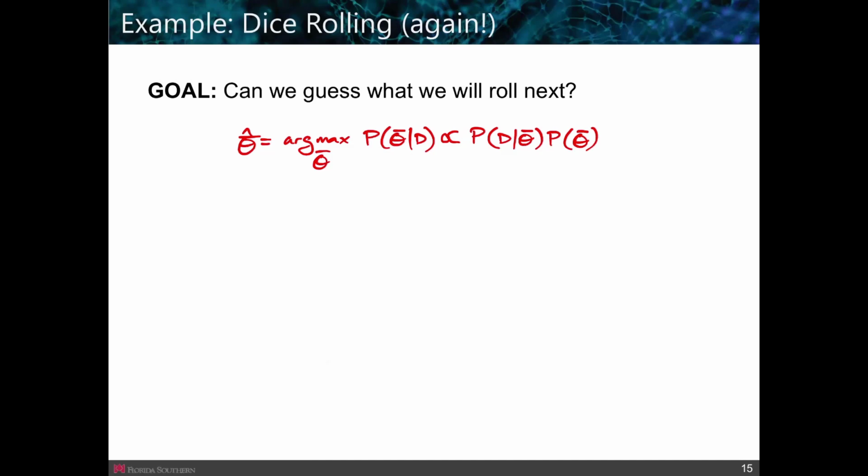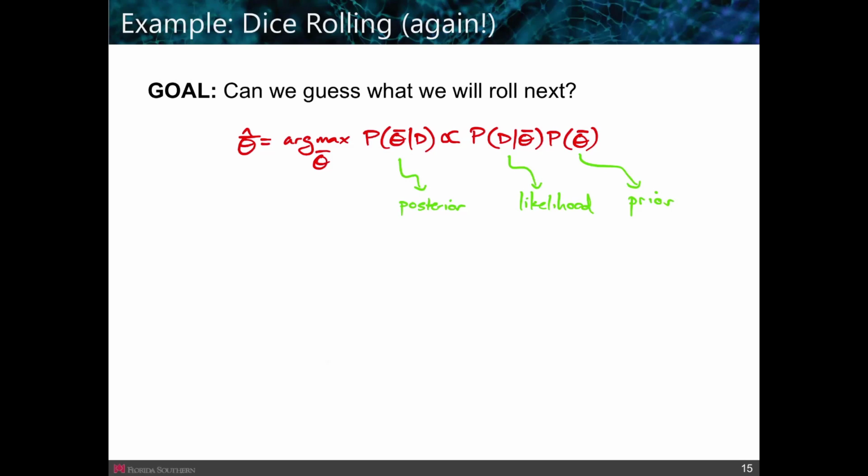We don't have a division by probability of D, again, because it has nothing to do with the parameters we're optimizing. So we have our posterior on the left, we have our likelihood on the right, and that gets multiplied by our prior.